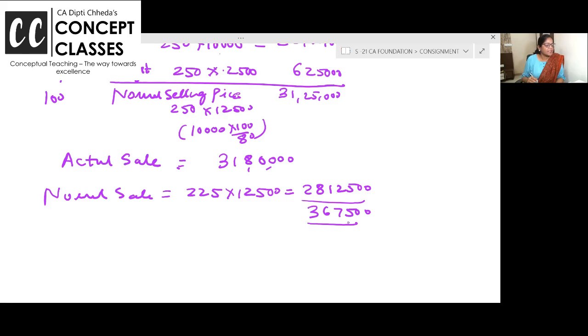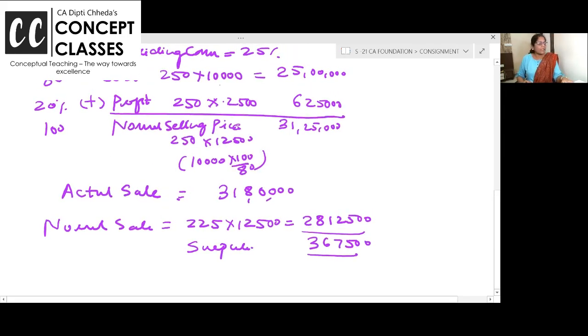367 is the surplus. I am calculating overriding commission. For that, I am doing all this detail. What is the normal sales? 2812. But then you have sold it at 31,80,000. See, listen, dear student.